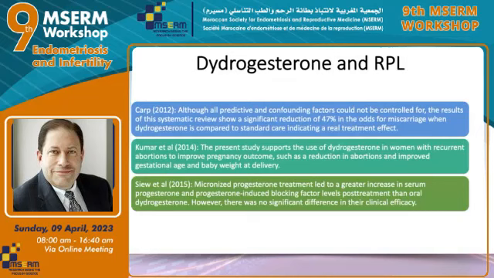So we do have some considerable support for dydrogesterone providing benefit in women with recurrent pregnancy losses. One of the first studies was in 2012 by Karp and colleagues, which, while not a very robust blinded placebo control, with lots of factors not controlled for, showed a significant reduction of 47% in the odds for miscarriage in those women who used dydrogesterone compared to what was then standard care, which could have been other progestins or no care at all.